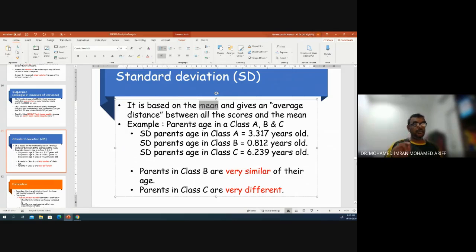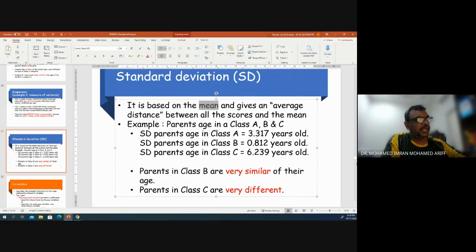Okay, meaning to say, apakah yang dimaksudkan dengan standard deviation is daripada purata, average distance. That means daripada nombor tersebut dengan purata, apakah dia punya perbezaan itu. Okay, daripada umur si dia tu dengan purata umur, apakah perbezaan umur itu, that's when we get the standard deviation. Itu maksud dia.